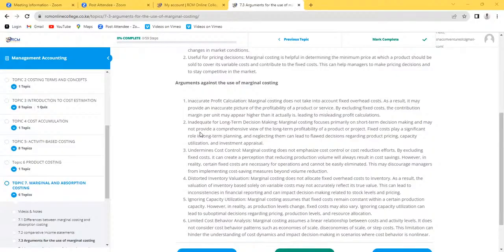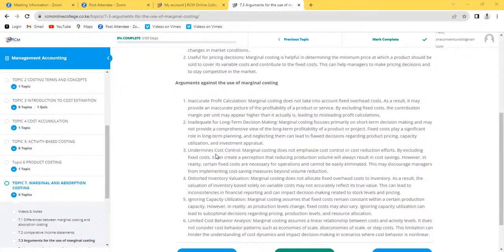Then, inadequate for long-term decision-making. Marginal costing focuses primarily on short-term decision-making and may not provide a comprehensive view of the long-term profitability of a product or project. Undermines cost control. Marginal costing does not emphasize cost control or cost reduction efforts.